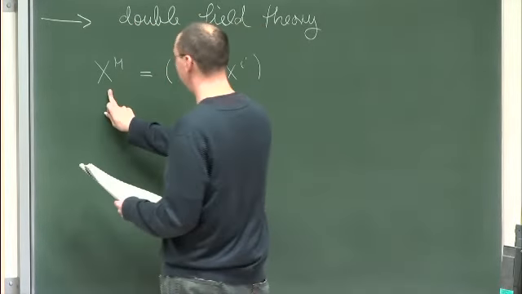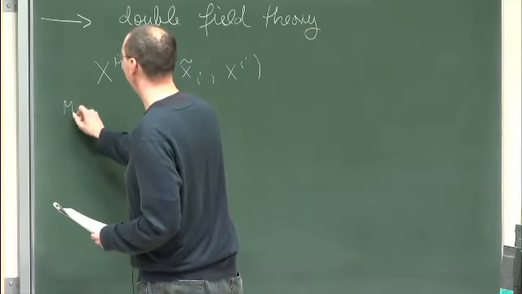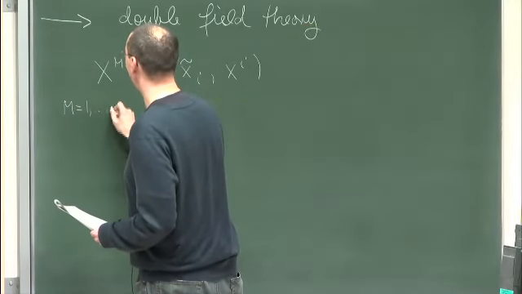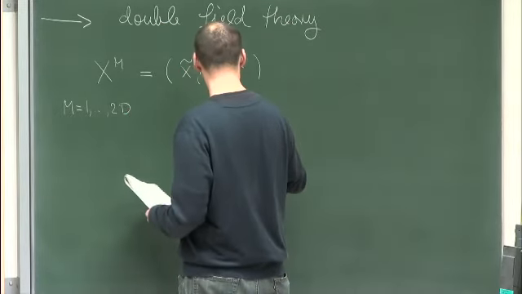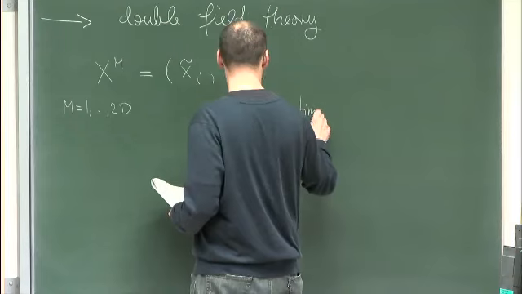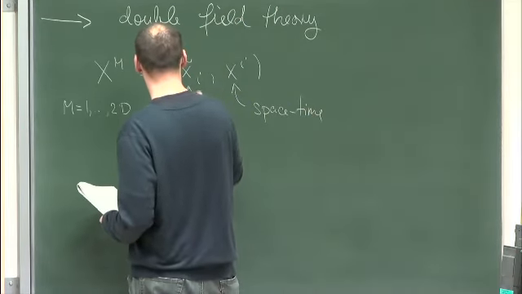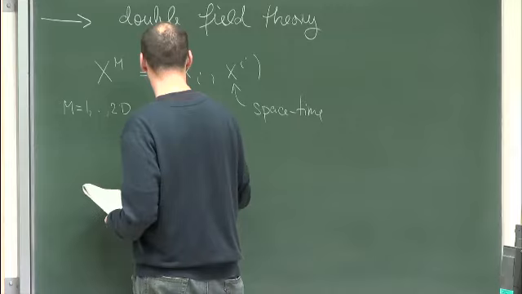So we introduce capital coordinates X^M, M again running from 1 to 2D. The x^i are the usual space-time coordinates, so I do it for the full space-time. And you can think of this x tilde as, in quotation marks, some sort of winding coordinates.